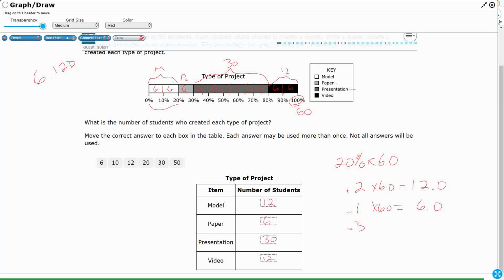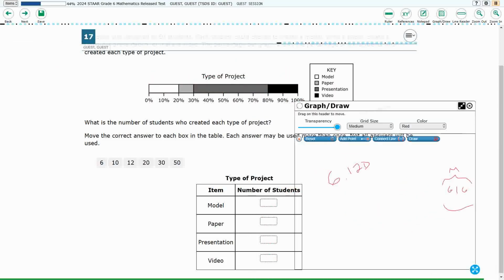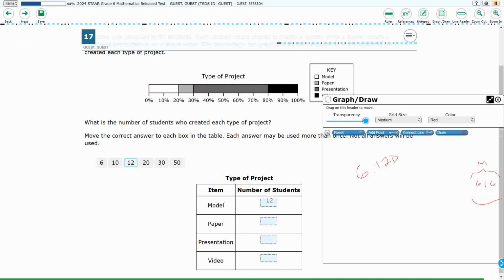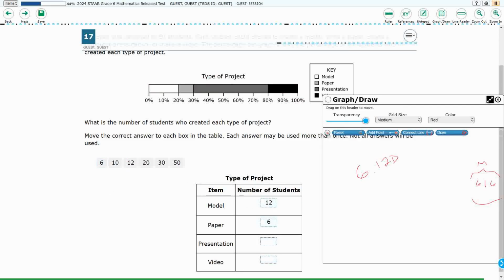This 30% for the presentation is 6 times 30, which is 180. But since I've got a decimal there, I need the decimal. And then I've got the 12 again. So 12, 6, 30, and 12 is our answer. So we're using 12 twice.